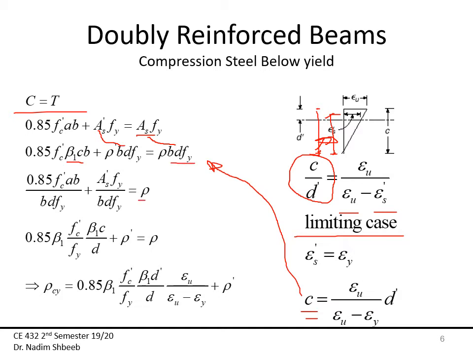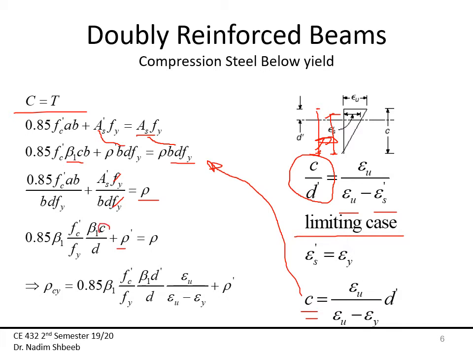Now I'm going to divide by bd fy, so this is going to keep rho by itself. Now this is going to be A prime s fy divided by bd fy. Again, since this is the same, this is going to cancel out with this, so I'm going to be left with rho prime. Now here's going to be f prime c over fy, beta 1 times c over d.